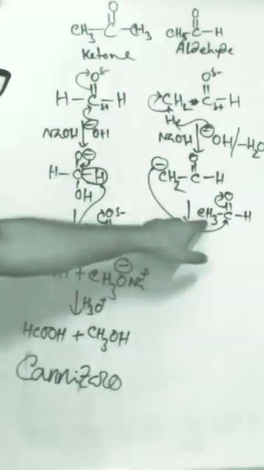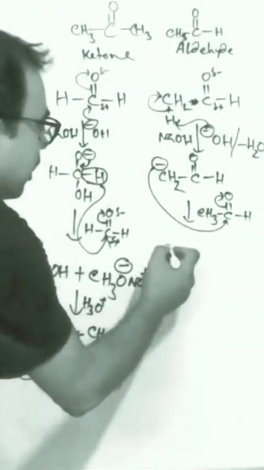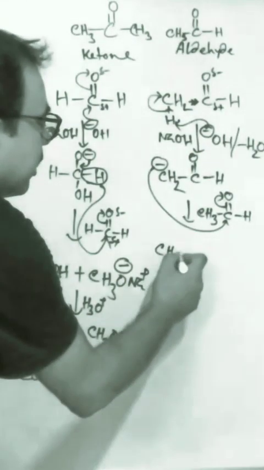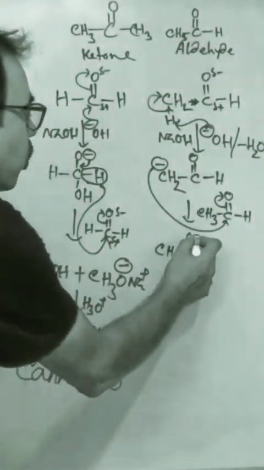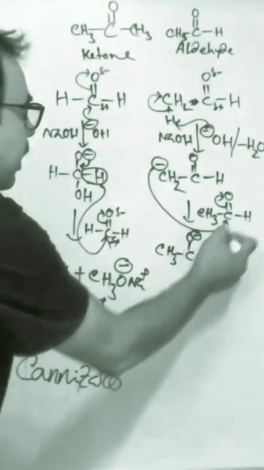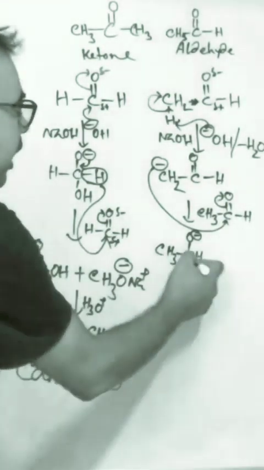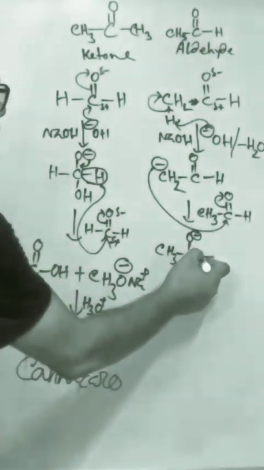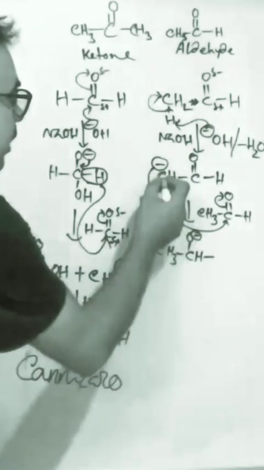So we write from this, starting right from this methyl group, CH3, then C single bond O minus, and carbon has a hydrogen atom, and here a bond is formed between this carbonyl carbon and this alpha carbon.